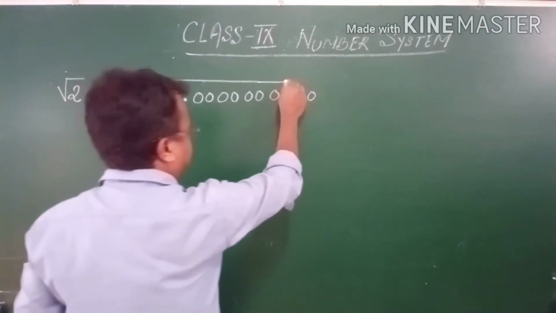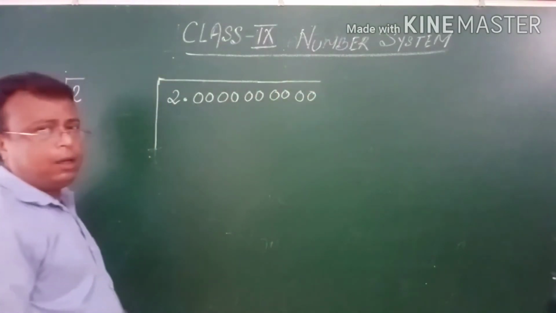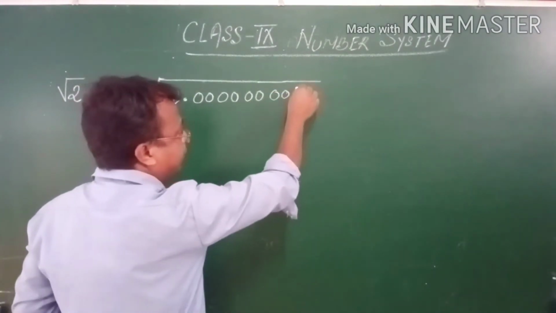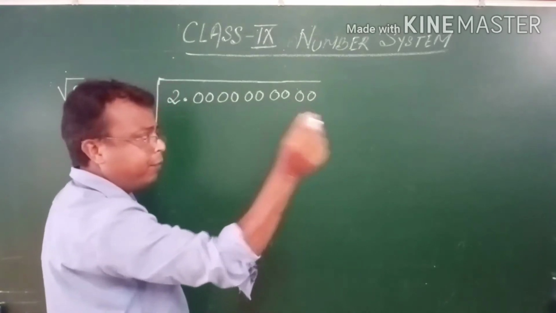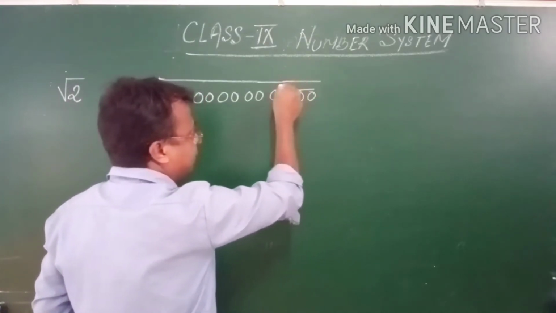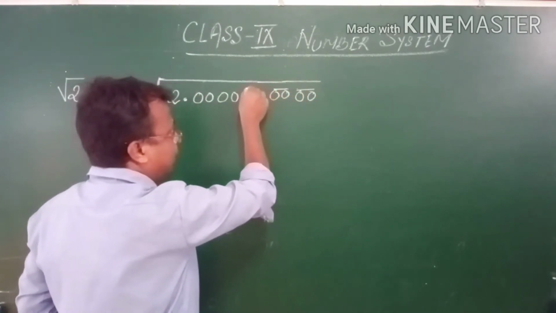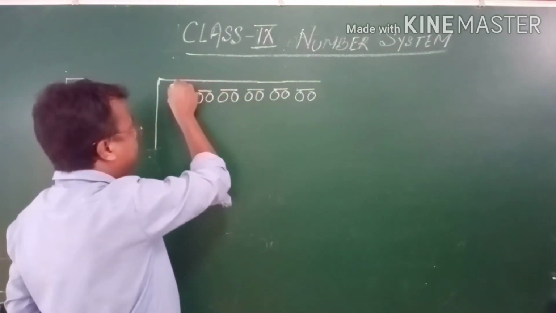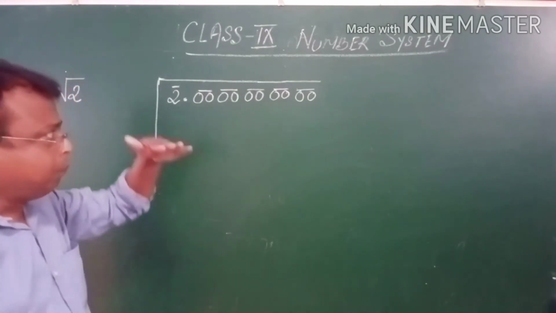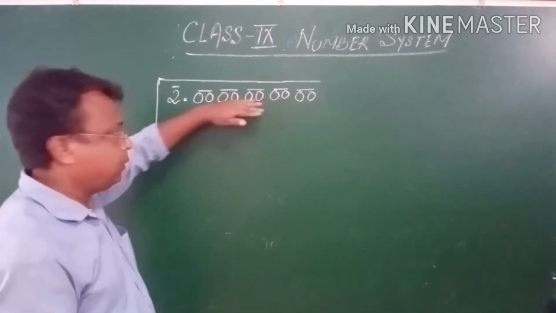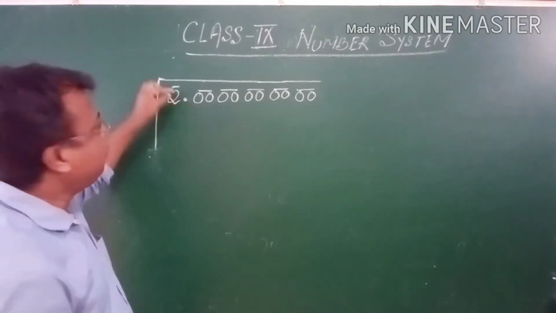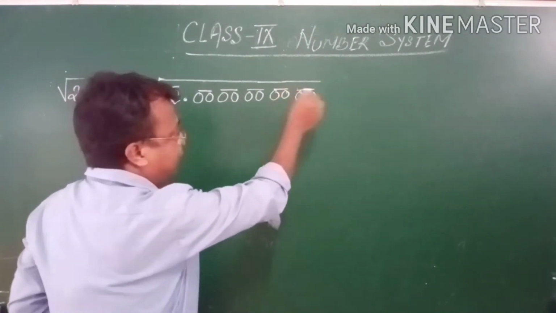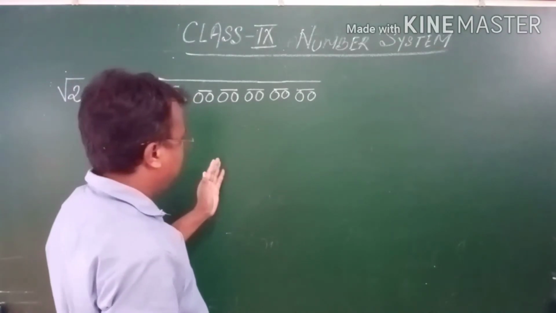Clear? Now, from the right side, draw a bar over every couple. Since 2 is alone, put a bar on it. Remember, draw the bars from the right side, not from the left side.